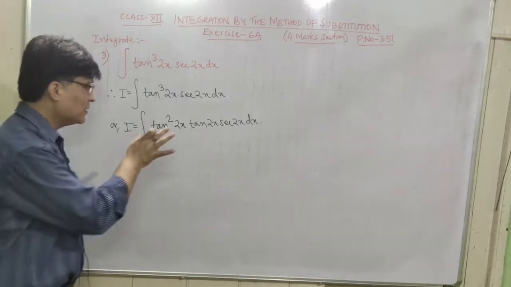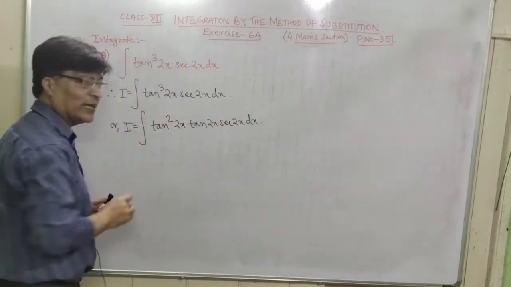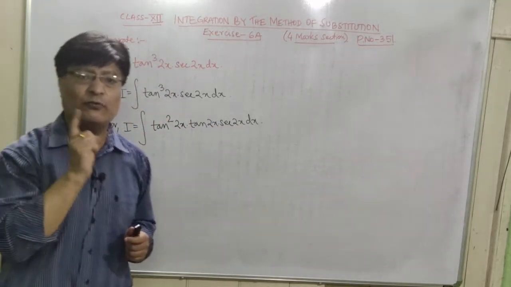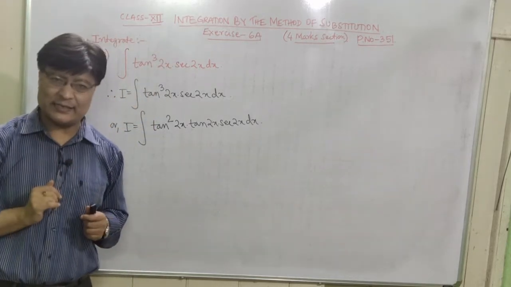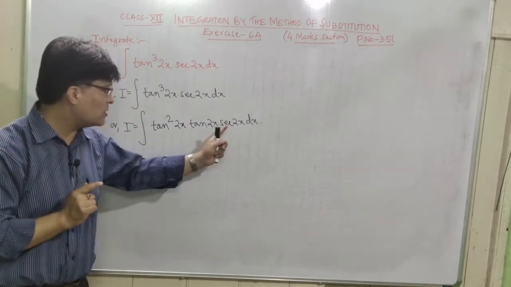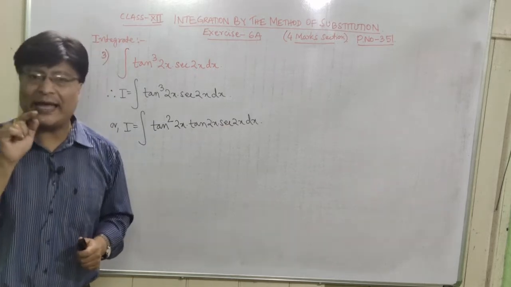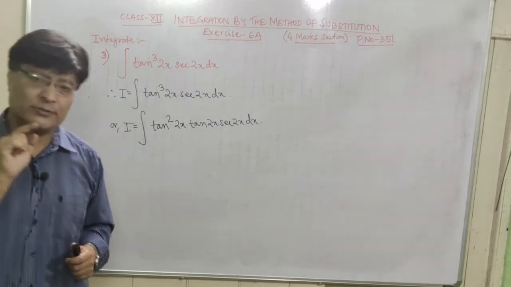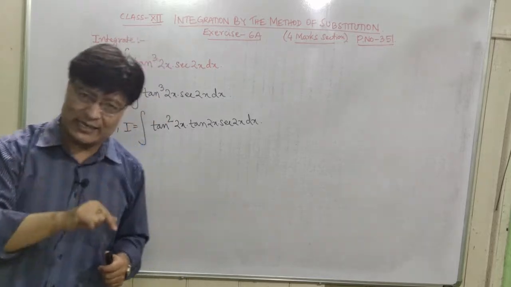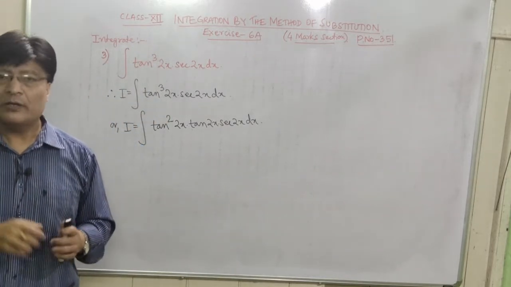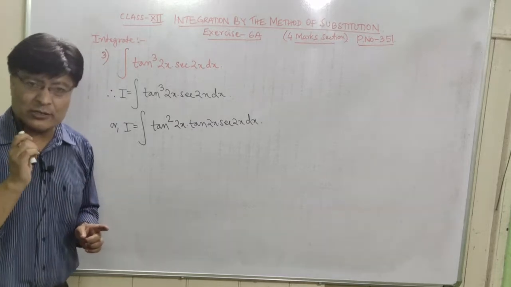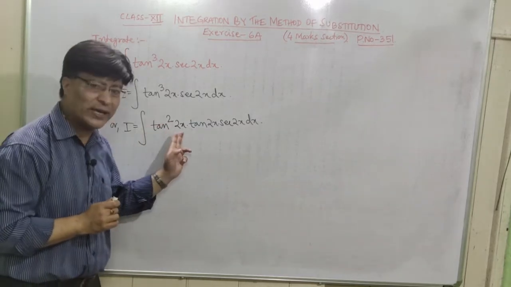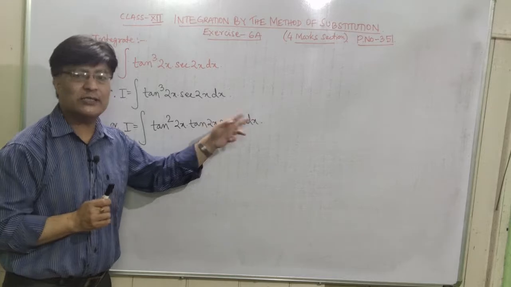Now you know that this is your sec 2x tan 2x. Differentiation of which function is sec x tan x? That is your sec x, isn't it? That is differentiation of which function is sec 2x tan 2x. You will have the differentiation of sec 2x will be sec 2x tan 2x into 2. So let us convert this tan square 2x into sec square, because only the differentiation of sec 2x is sec 2x tan 2x into 2.